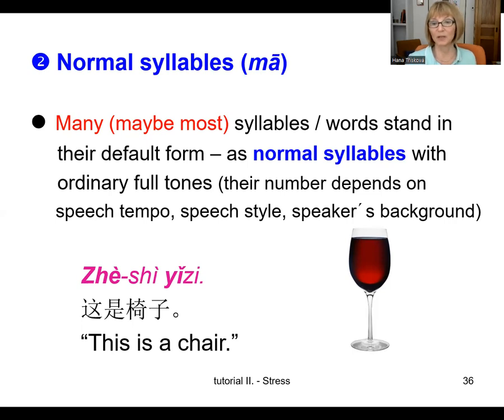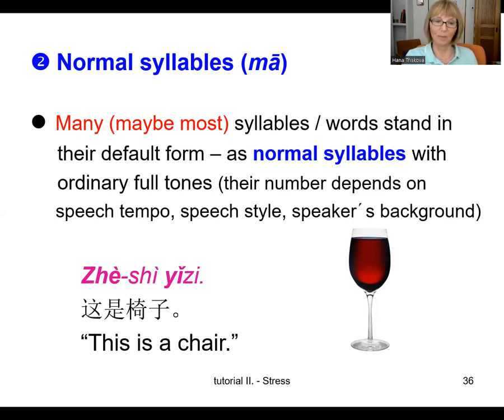And finally, on speaker's background, what is his or her original dialect? So the speakers of Southern dialects tend to keep tones more often than the speakers, for instance, of Beijing.